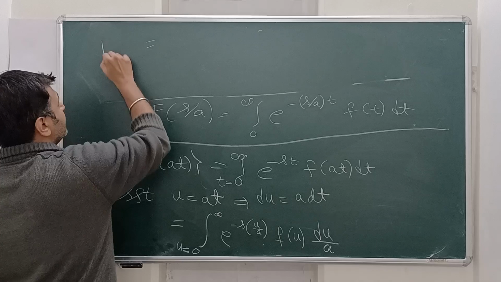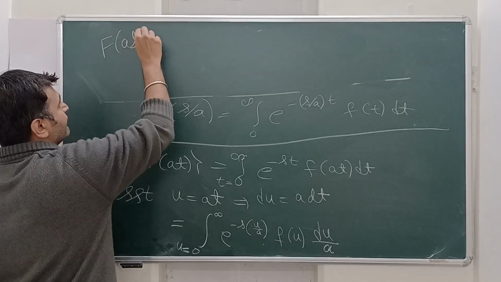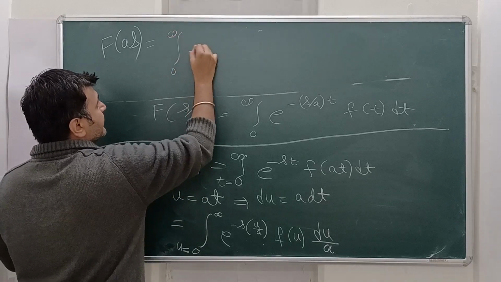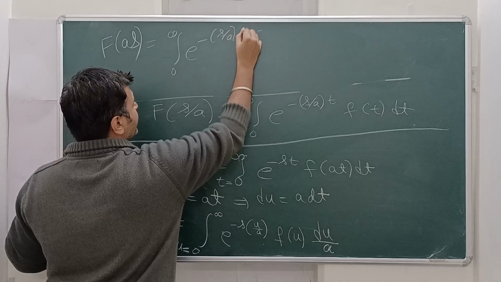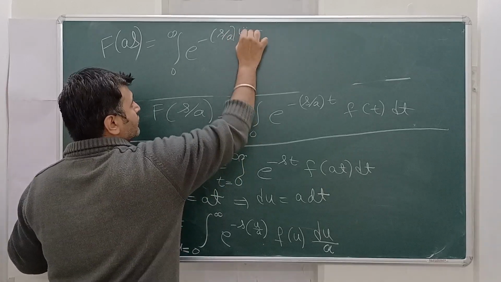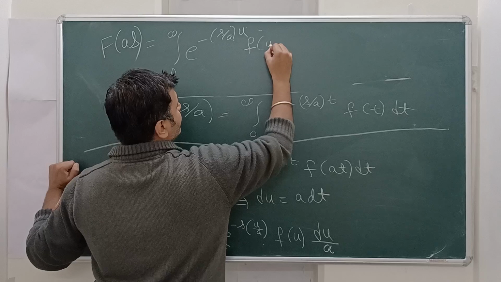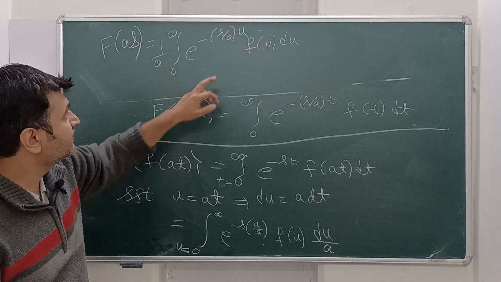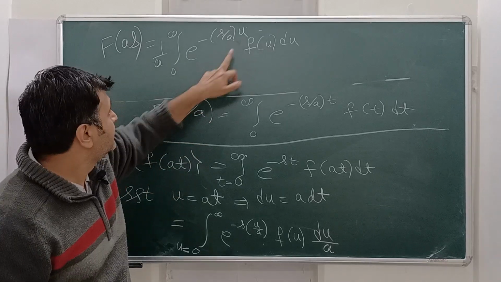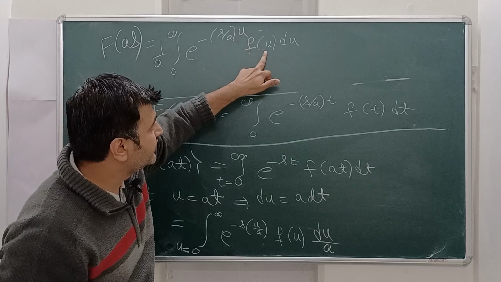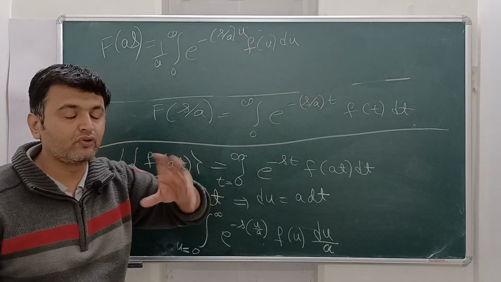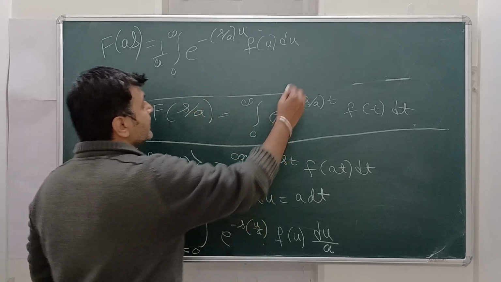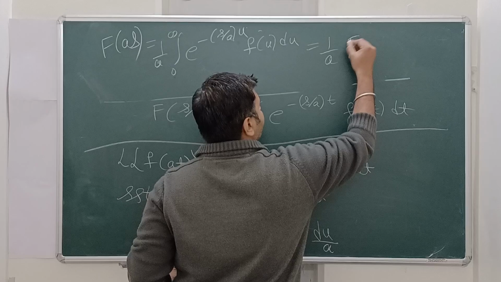So Laplace of f of at is nothing but integral 0 to infinity e raised to minus s by a into u into f of u du, and you take out 1 by a outside. And now if I replace u again by t, it is 0 to infinity, here it is t, here it is t, and du is dt if you call u equal to t. So this quantity is the same as this quantity. So what do you get? This is equal to 1 by a F of s by a.